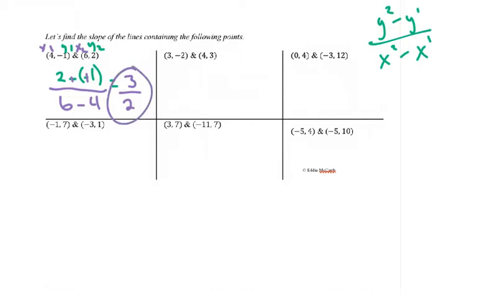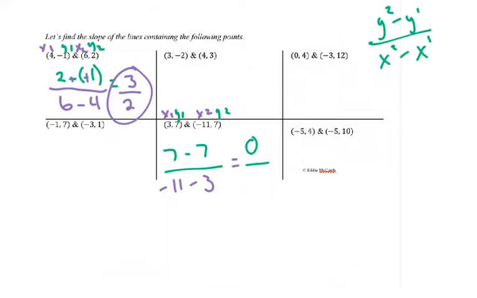Let's do another one. This is x. Whoops, let's be consistent here. x1, x2, y1, y2. So that means it's 7 minus 7 over negative 11 minus 3. All right, well, 7 minus 7, that's 0, right?